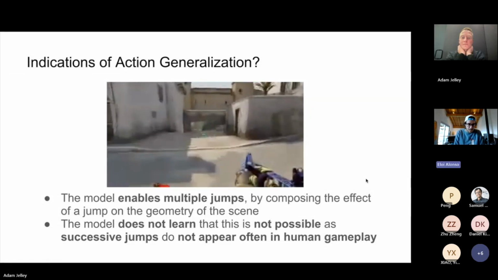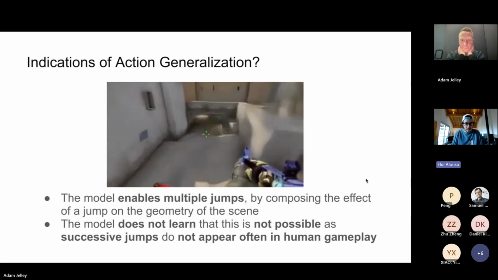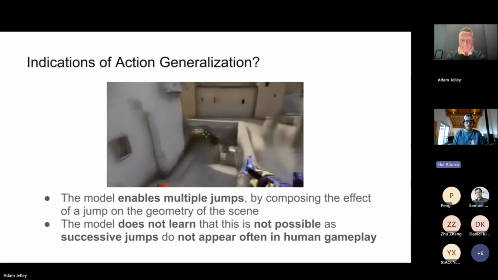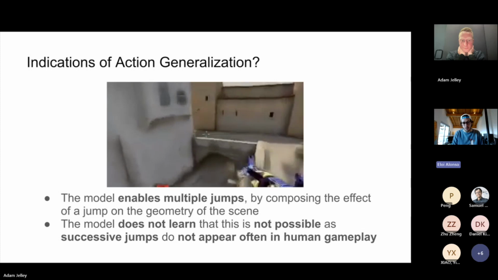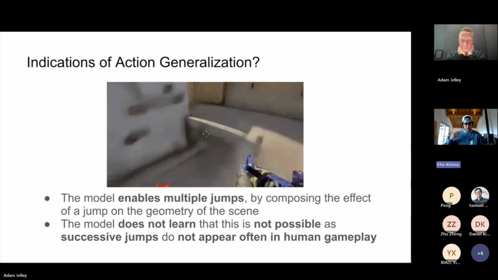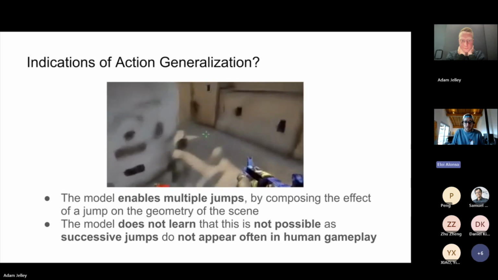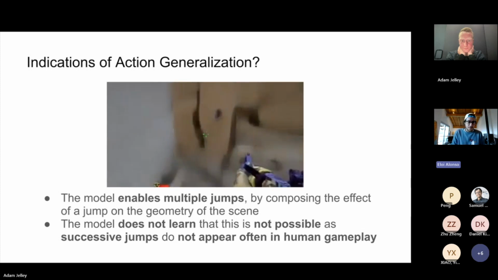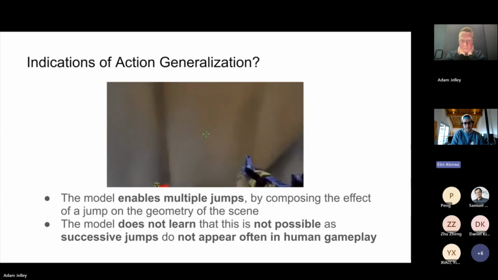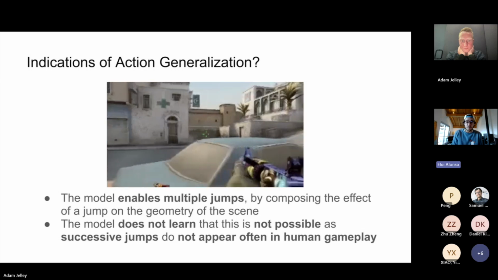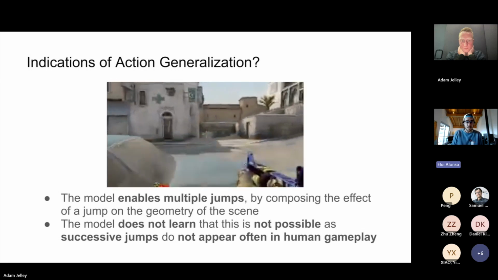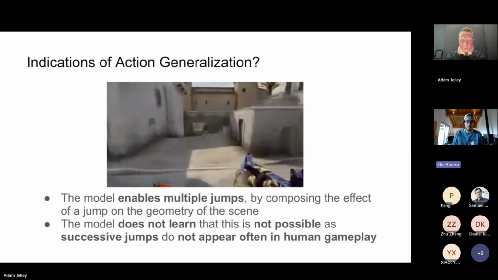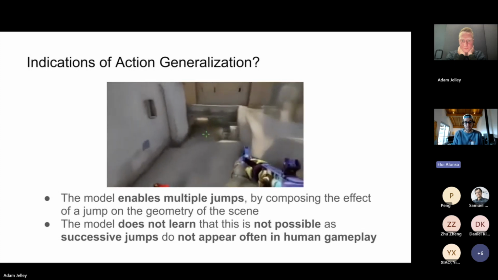This clip is interesting because you can see that if the player inputs several jumps in a row, the world model lets you do that. That's obviously a bug. We hypothesize that it's because we don't have examples of people jumping mid-air in the dataset, so the world model cannot learn that jumping mid-air doesn't do anything.